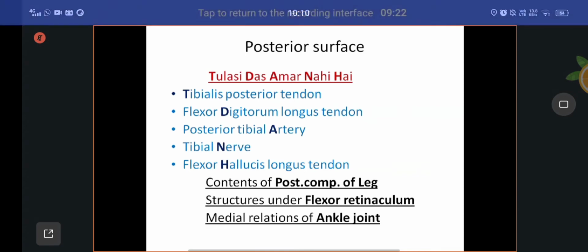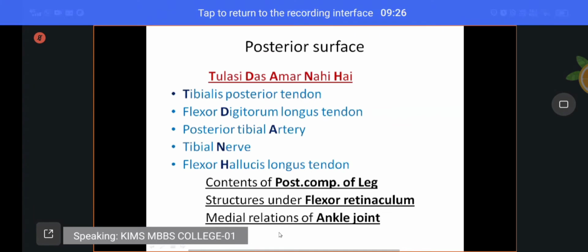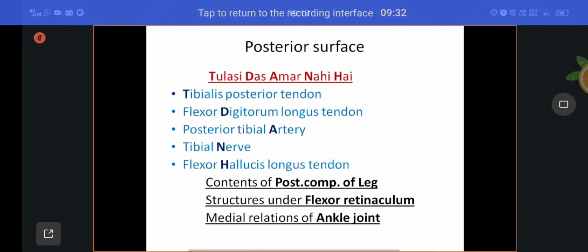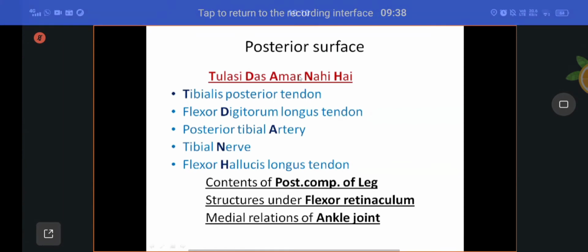Once again, I repeat, the anterior relations of the lower end or ankle joint are the same, but the posterior relations of the lower end of tibia are equal to the medial relations of the ankle joint, because they change their direction to enter into the foot.